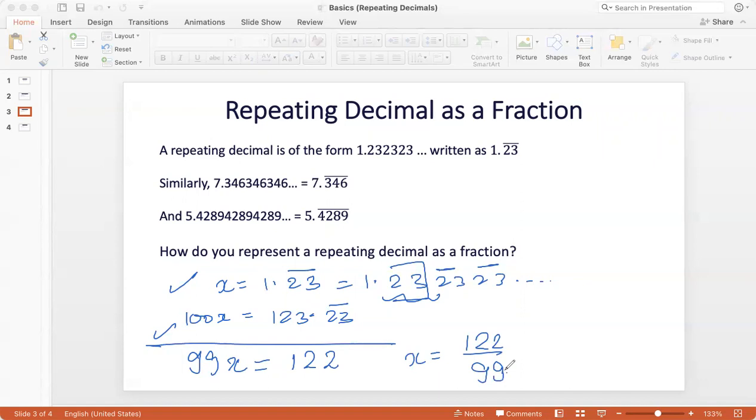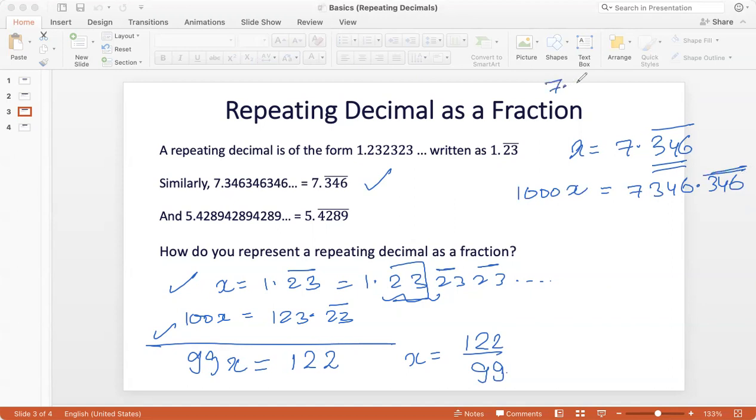So for example, let's say I have to solve for x is equal to 7.346 bar, right? This one. So this time my pattern repeats after 3 digits, right? So I would multiply this by 1000, because that would give me 7346.346 bar.